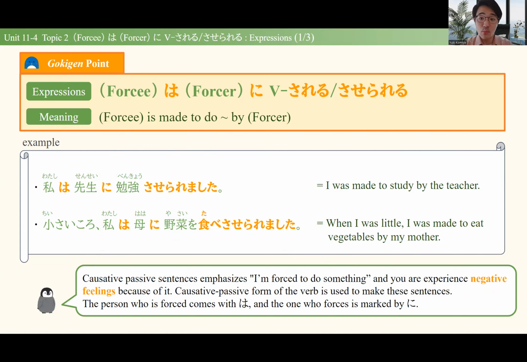You are affected by someone's action and you're feeling bad about it. Like I didn't want to study, but I was forced to study. I didn't want to eat vegetables, but I was made to eat them. That's why causative passive always takes the meaning of making someone or forcing someone to do. This sentence is always communicating negative feelings that you have. I was forced.